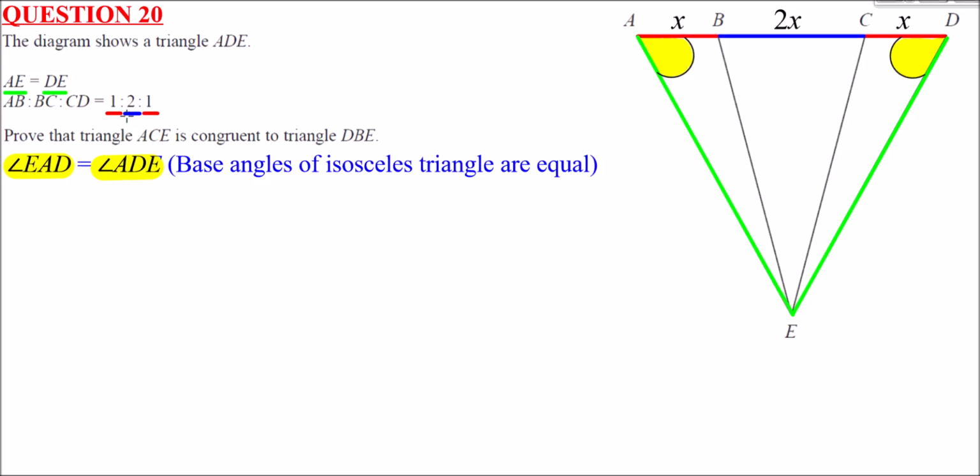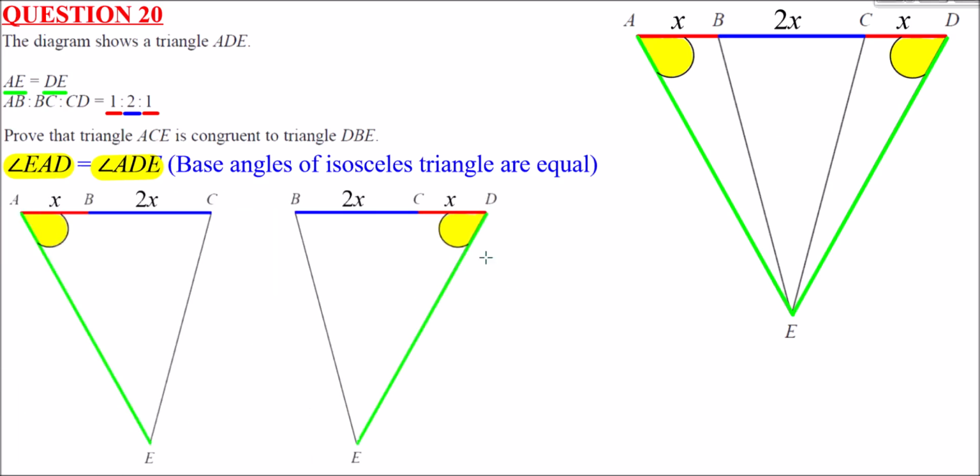So, proving that ACE is congruent to DBE, what I'm going to do now is imagine this triangle split into two. One triangle here, EAC, I'm going to put here, and the other bit from E to B to D, I'm going to put next to it, so we can compare and contrast.